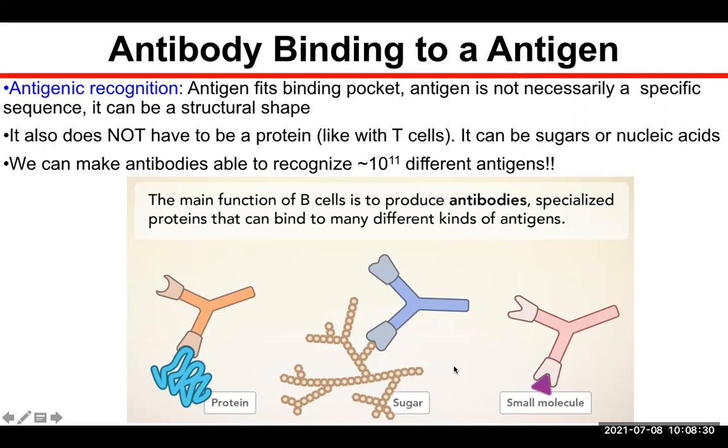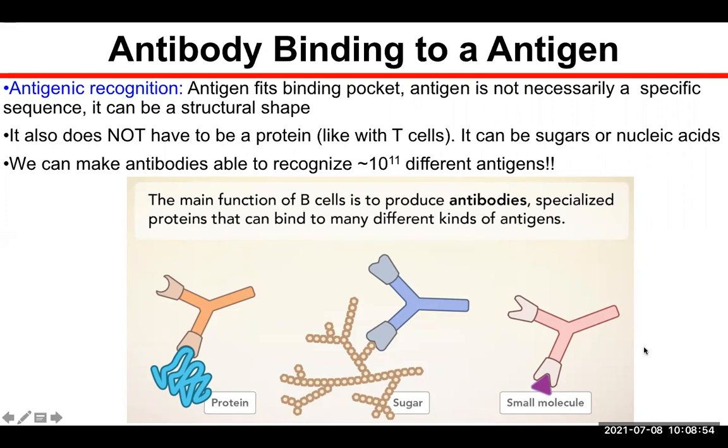And so these are typically going to be things that are found in the extracellular environment. Like I mentioned earlier, a lot of bacteria have sugar residues on their cell surface. And so if this antibody recognizes some of this bacterial sugar, it'll be able to stick to it and then eat it.